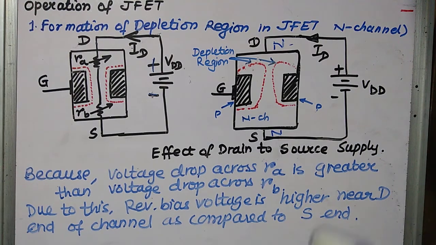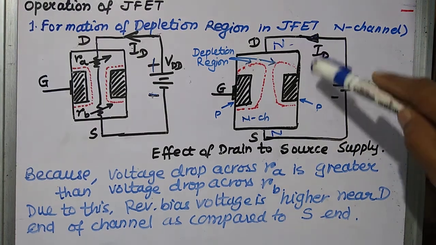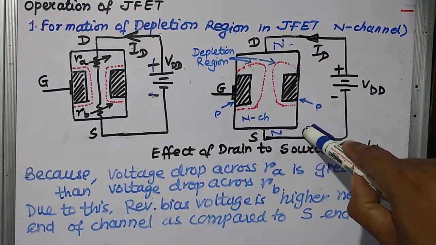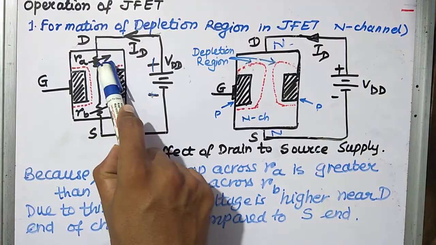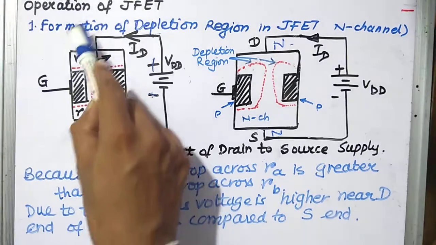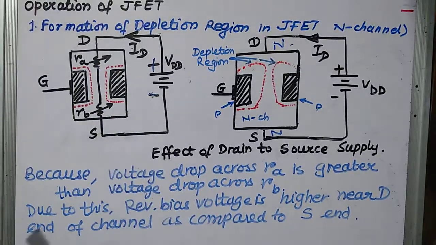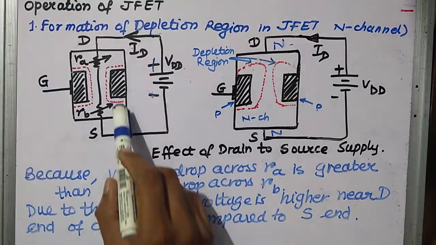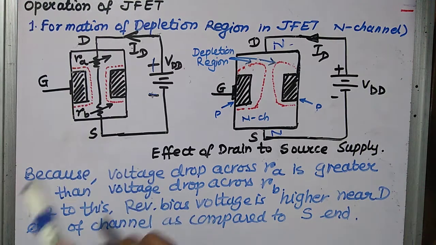So as the drain is more reverse biased as compared to the source, the voltage drop across resistance RA is more near the drain terminal as compared to the voltage drop across RB towards the source terminal.